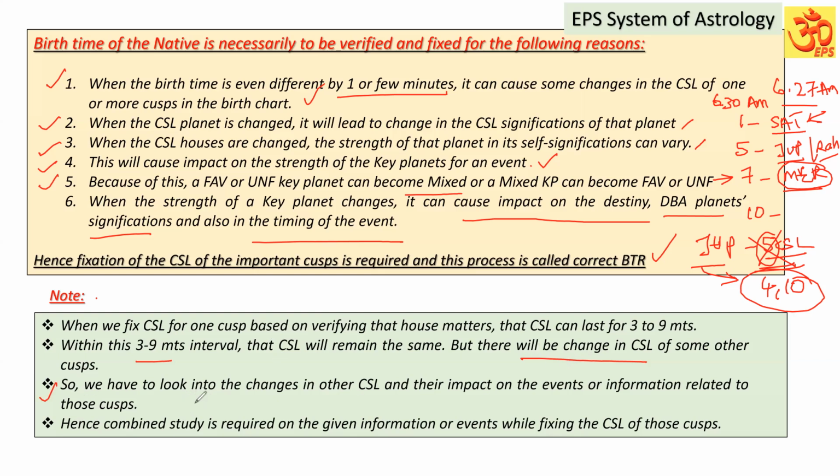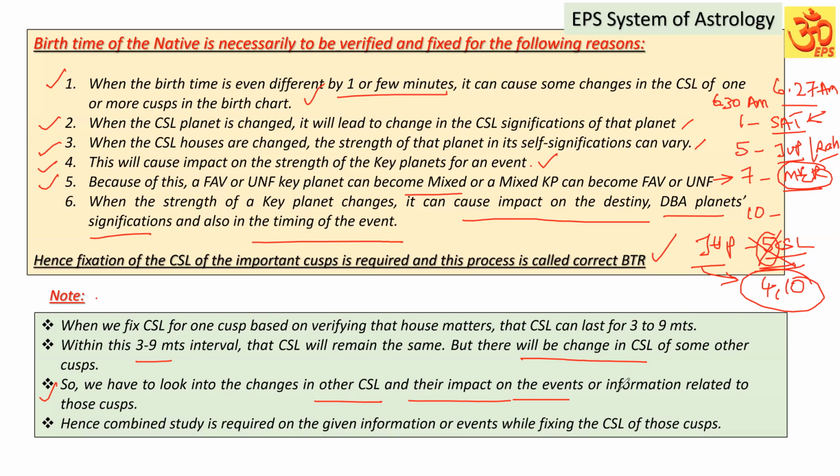So we have to keep that in mind. We have to look into the changes in other cuspal sublords and their impact on the events or information related to those houses. So when we are adjusting the birth time, we have to look into the changes happening in the other important cuspal sublords, and what sort of impact is happening on the events related to the particular house.